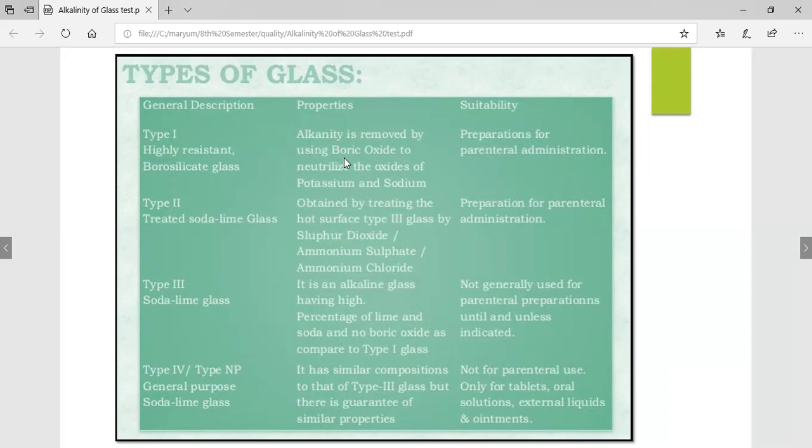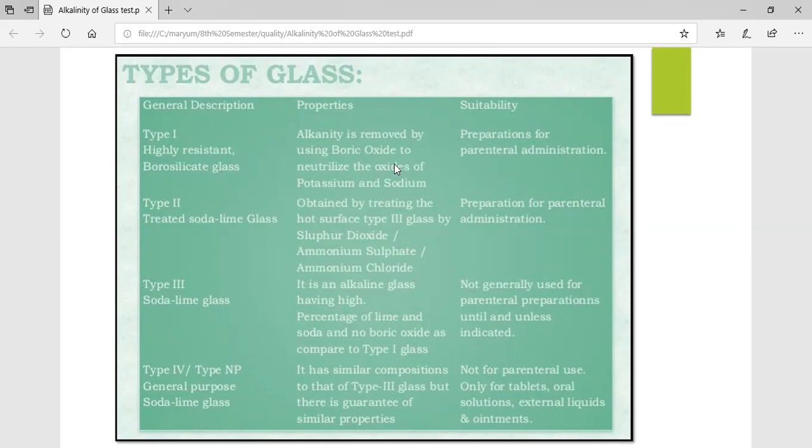In type 1 glass, we treat the glass with boric oxide to neutralize the oxides of potassium and sodium, which react with moisture in the air and carbon dioxide to form sodium bicarbonate and potassium bicarbonate. So we have already treated the sodium oxide and potassium oxide present in the glass with boric acid to neutralize the leaching alkalinity of this glass.